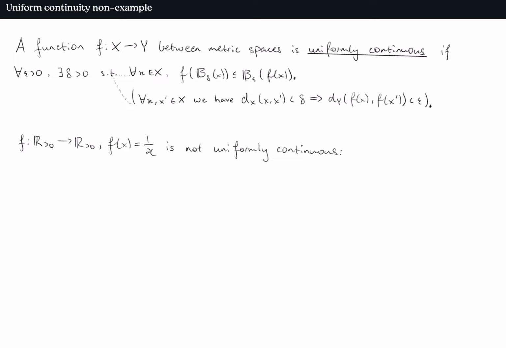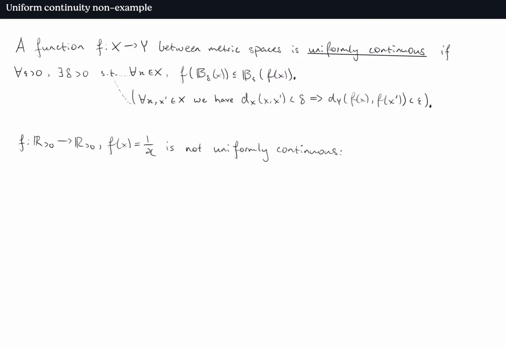But here, in the context of metric spaces, we say that a function f from X to Y between metric spaces is uniformly continuous if for all epsilon greater than 0, there is some delta greater than 0, such that, so here I've split off the definition into two equivalent parts, so you can end this definition here or here. And depending on whichever you find helpful, in this case, we'll find that this one is quite helpful. You can elect to choose either of them.